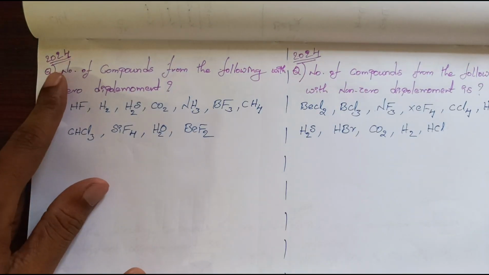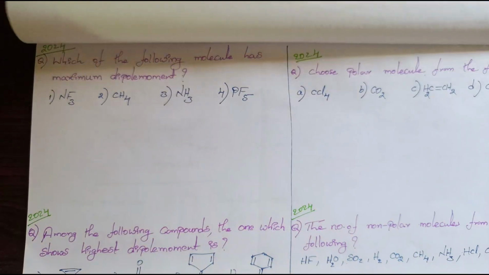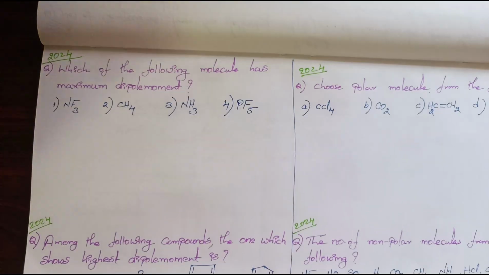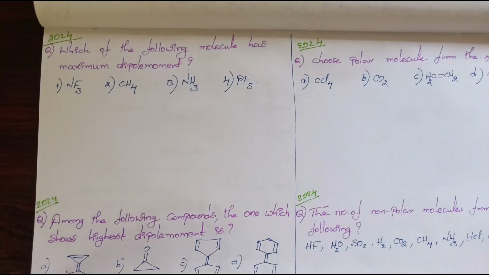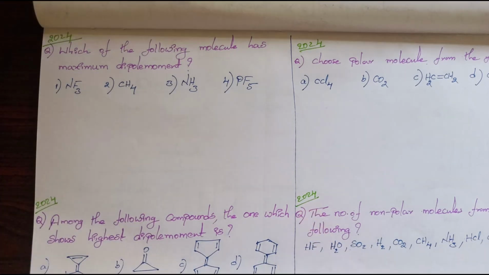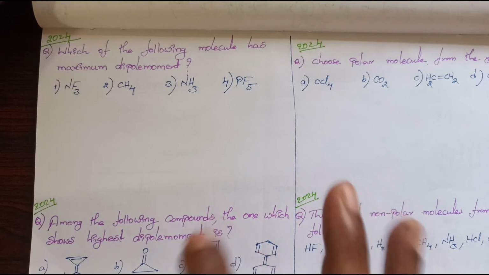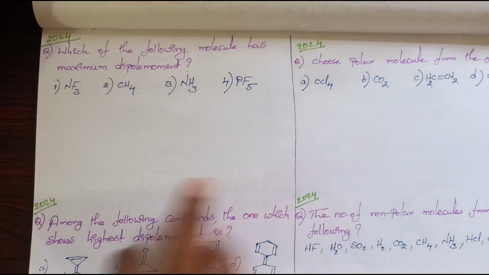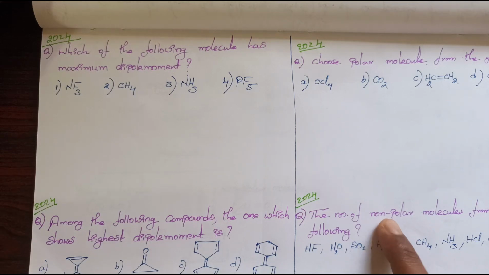Here the 2024 question. This is also 2024 question. Next, this is 2024 question. This is also 2024 question. Next, 2024 question. If you are observing all these examples, all the questions are based on the dipole moment, polar, non-polar, and highest dipole moment.